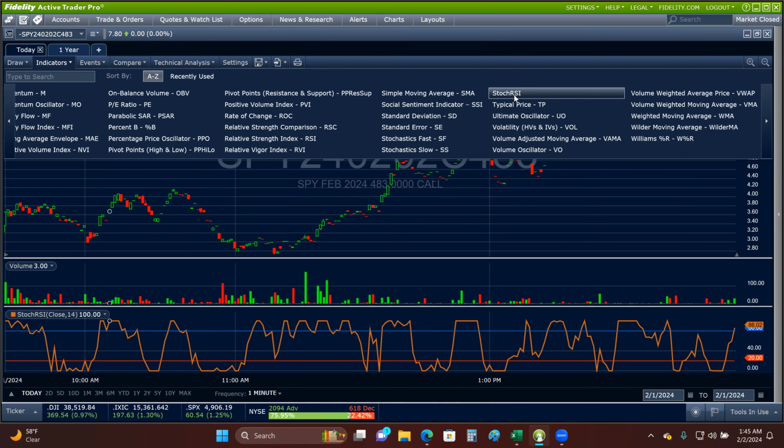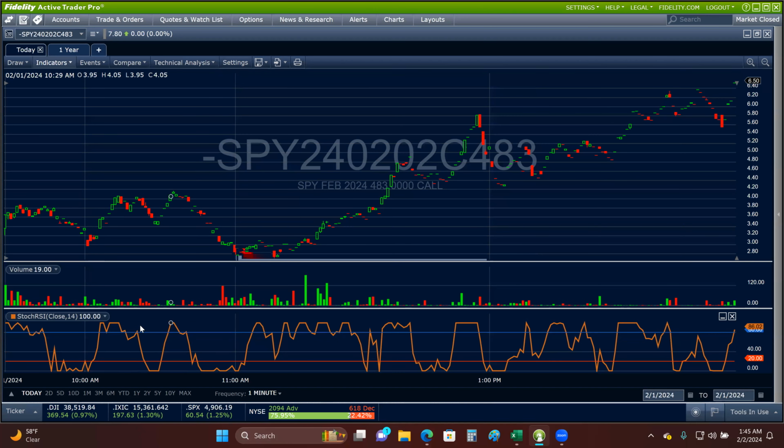In a lot of cases, they're going to look similar, except that some of the extremes for the highs and lows just happen a lot faster when you add the stochastic to it. So for trading today, what you want to see is a bunch of highs all the way at the 100% level on the stochastic RSI indicator, and then a bunch of lows as well hitting zero.